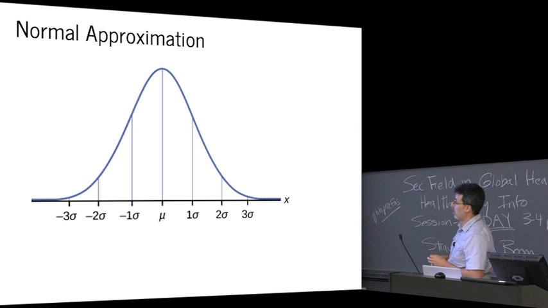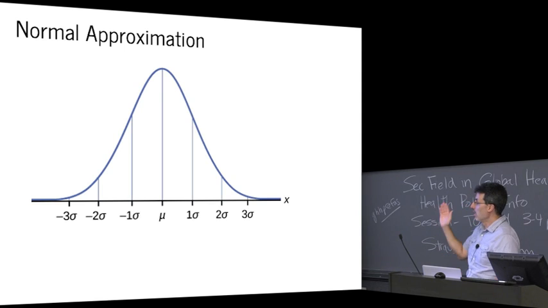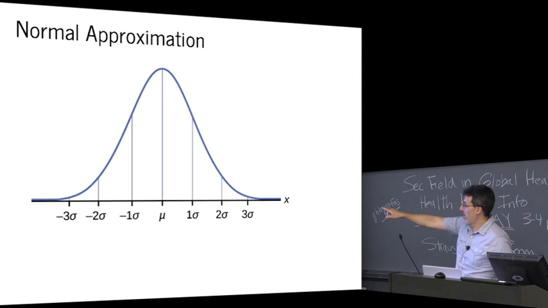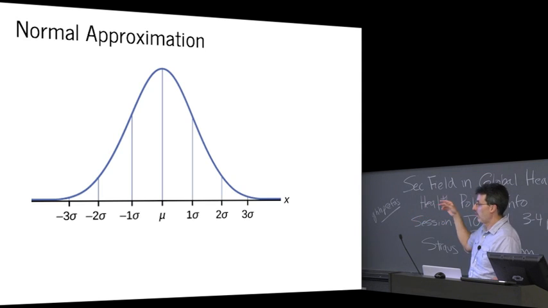So this is what that curve looks like, the theoretical curve. It's centered at that average. And then it has 68% of the data within 1 standard deviation, 95% within 2, and about 99.95% or something high within 3. And that's what the normal distribution is.